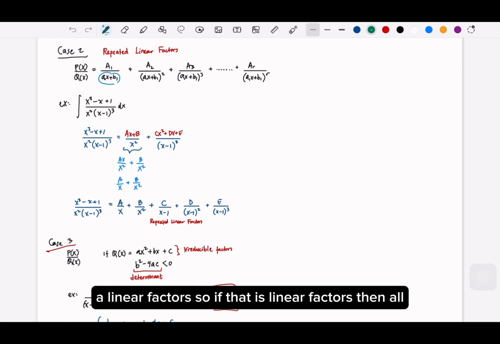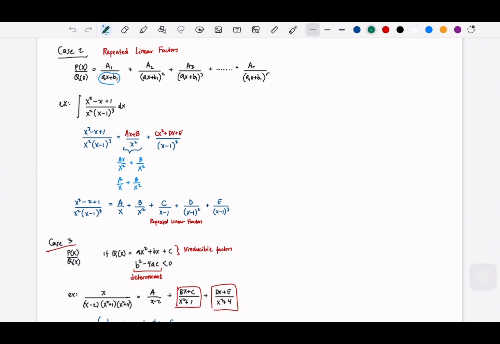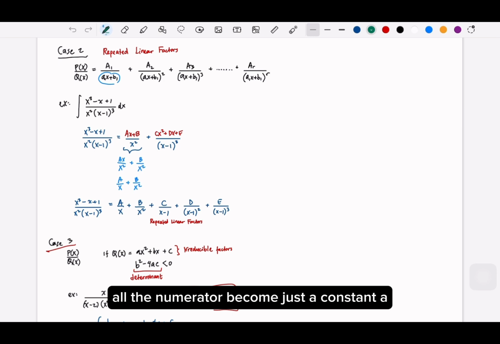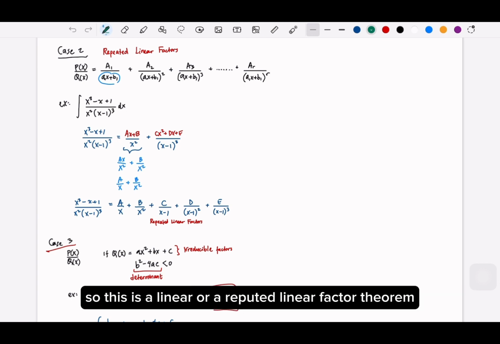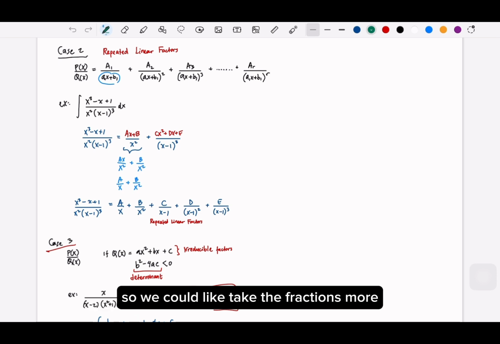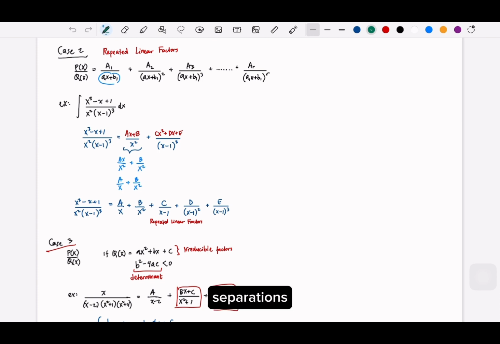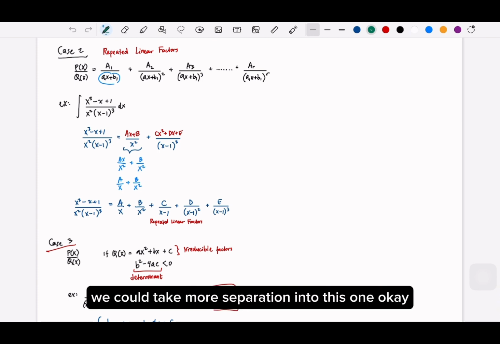So if they are linear factors, then all the numerators become just constants a, b, c, d, e. Okay, so this is the repeated linear factors case. So we could take the fractions further, and instead of just having this separation, we could take more separation into this one.